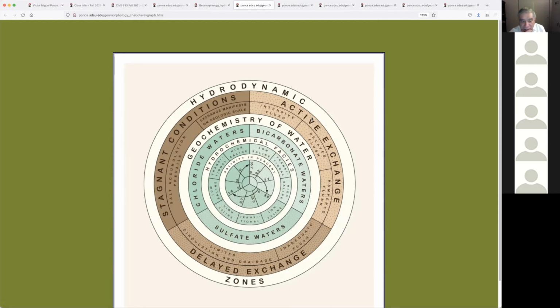The hydrodynamic zones: stagnant conditions, active exchange, delayed exchange, bicarbonate waters. He basically said that on the surface you got the bicarbonate waters. Below the surface you have the sulfate waters. And then deep you get the chloride waters. And that has a lot to do with the chemistry. The chemistry is very important here.